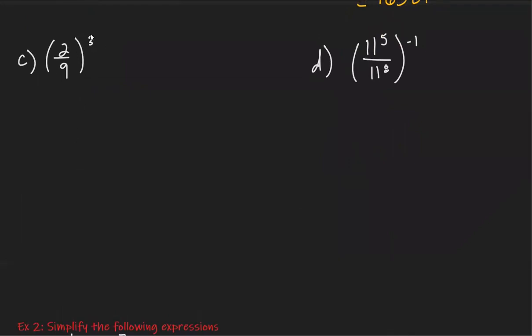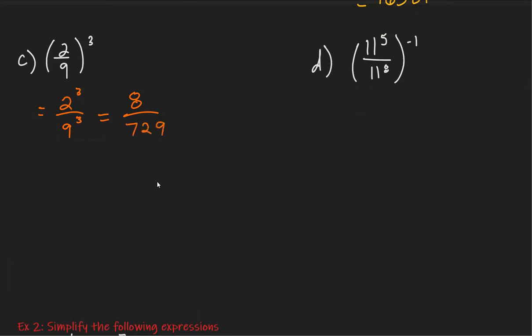Okay, we have a fraction being raised to a power. We apply that power to each of our parts, our numerator and denominator. So 2 to the 3rd, that's good old 8. 9 to the 3rd, that is going to be, sorry, I can't do that in my head. 729, I should have known that.